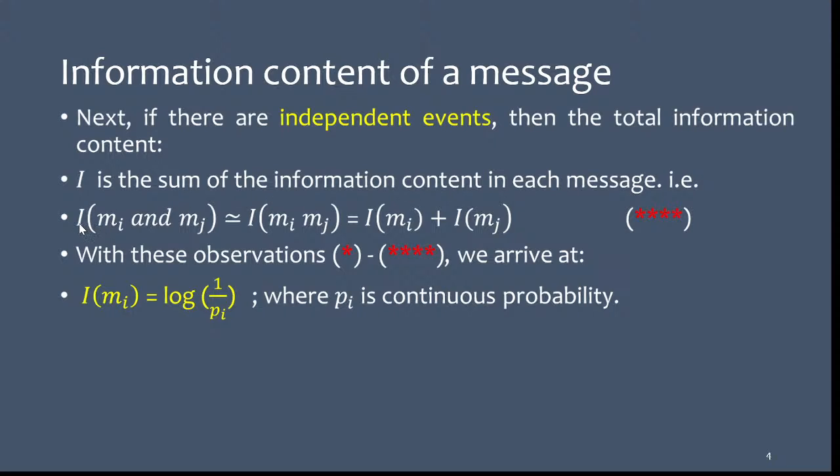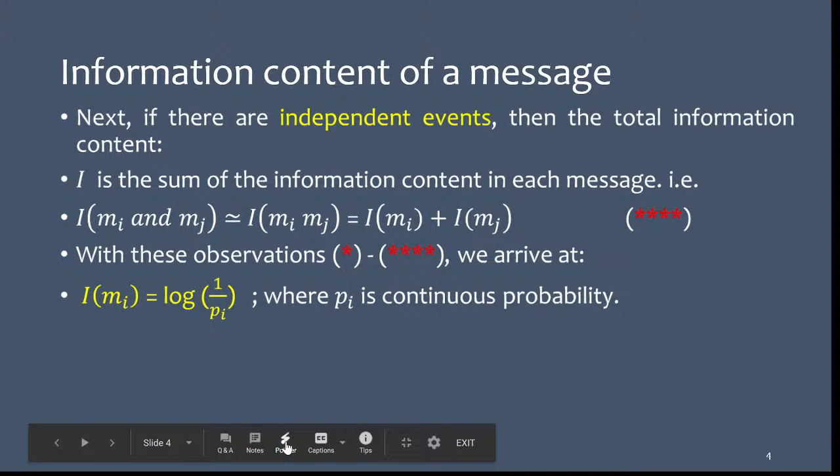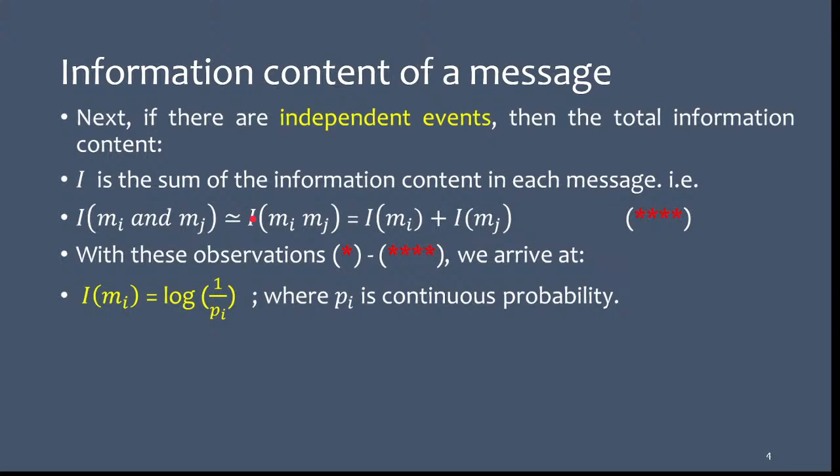That is, the information carried by Mi and Mj together, their combined information, is also equal to the sum of the information carried by these two events separately.